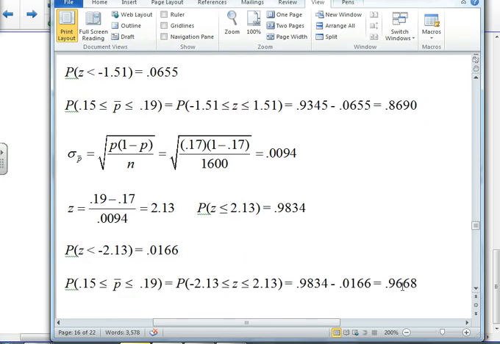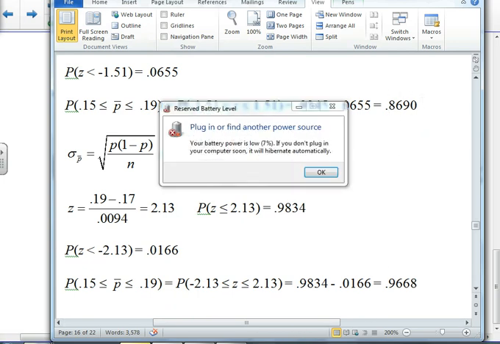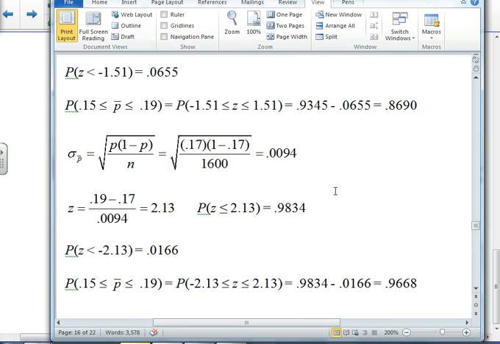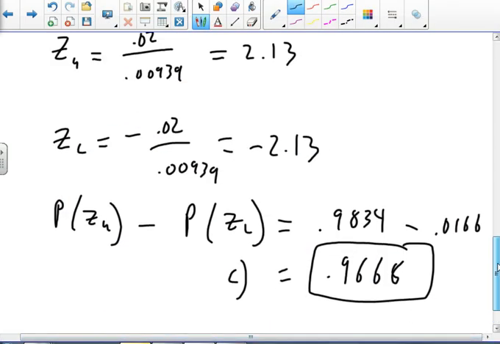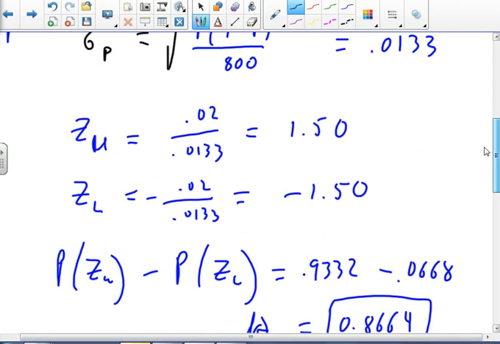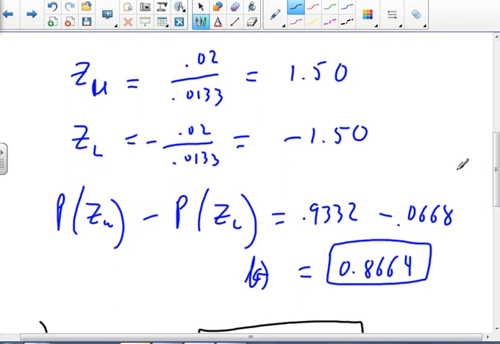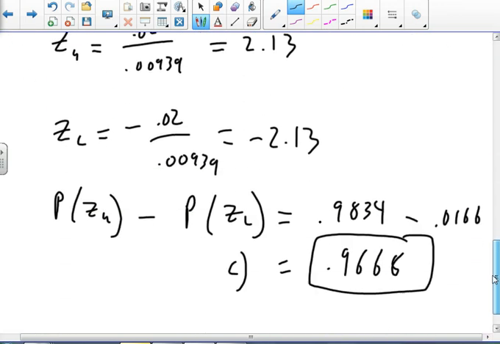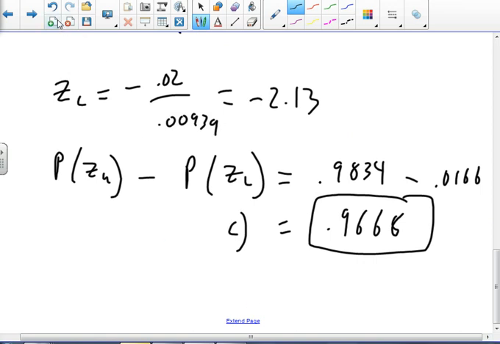So there's my 0.9668 and my 0.8690. Did I get 0.8690 for the B part? No, you have 0.8664. Did I get plus or minus 0.15? You have 1.50, not 1.51. Okay, so they rounded off a little bit differently. Yeah. Okay, so we're fine. They rounded off differently than we did.